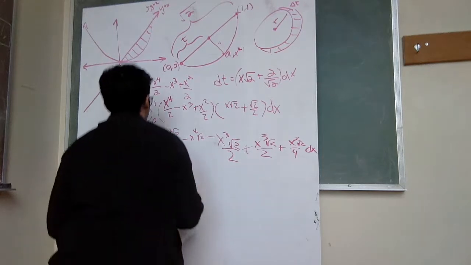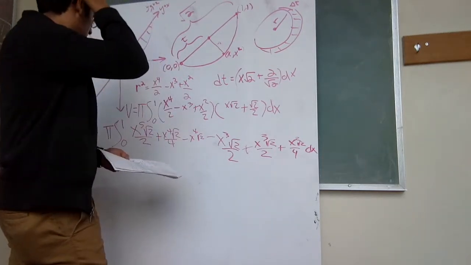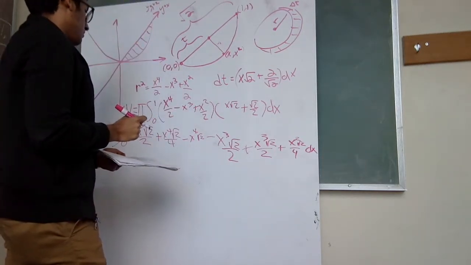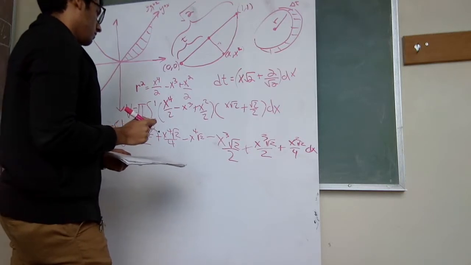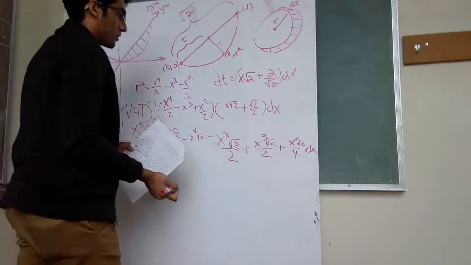And then we can simplify this even further by canceling out like terms.